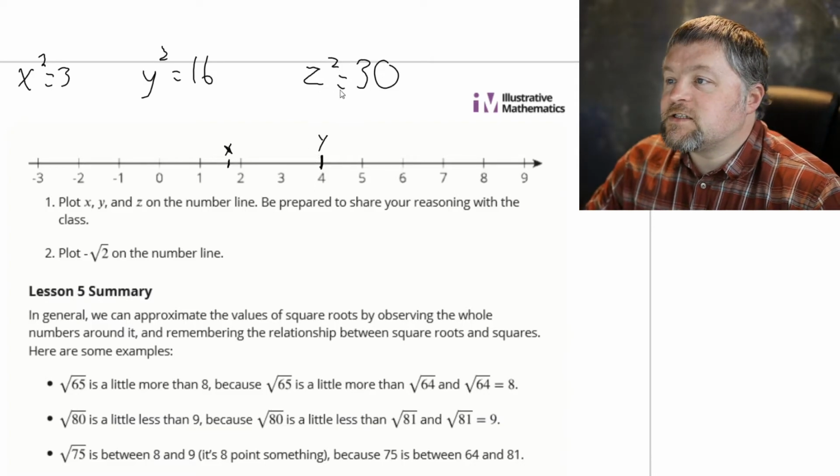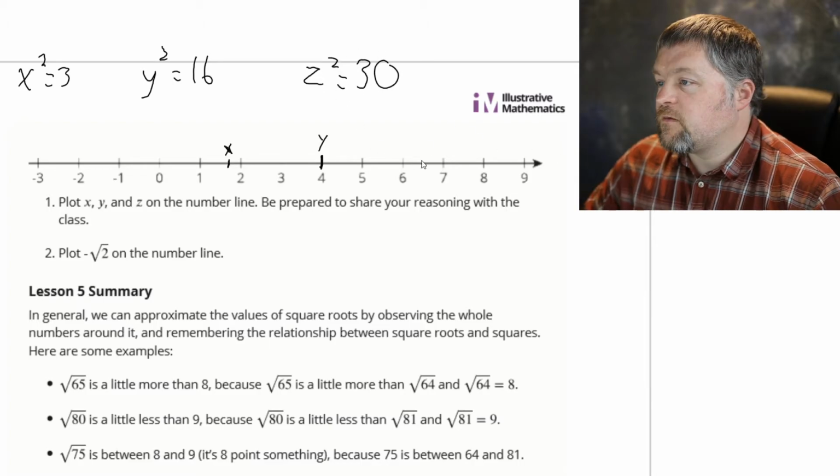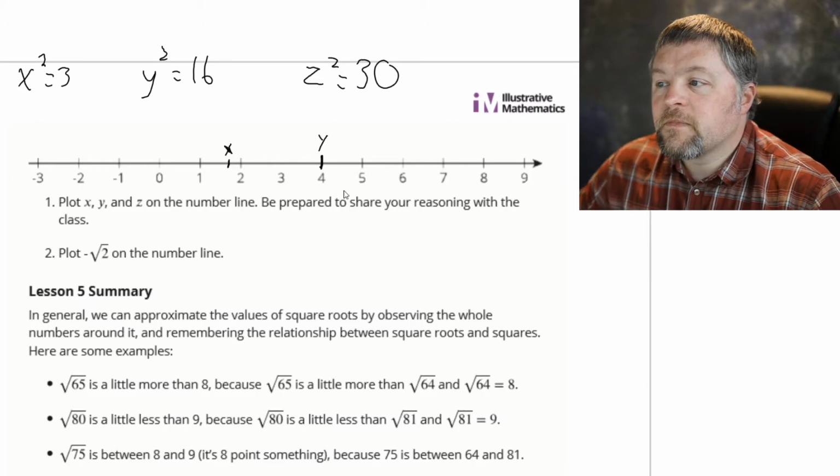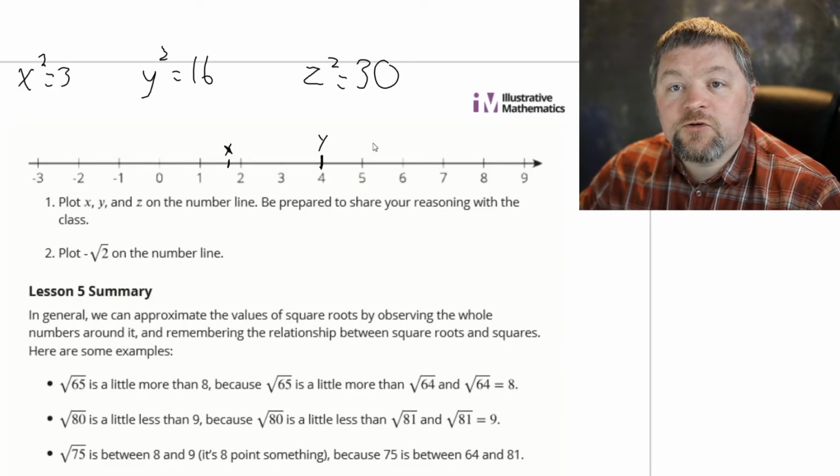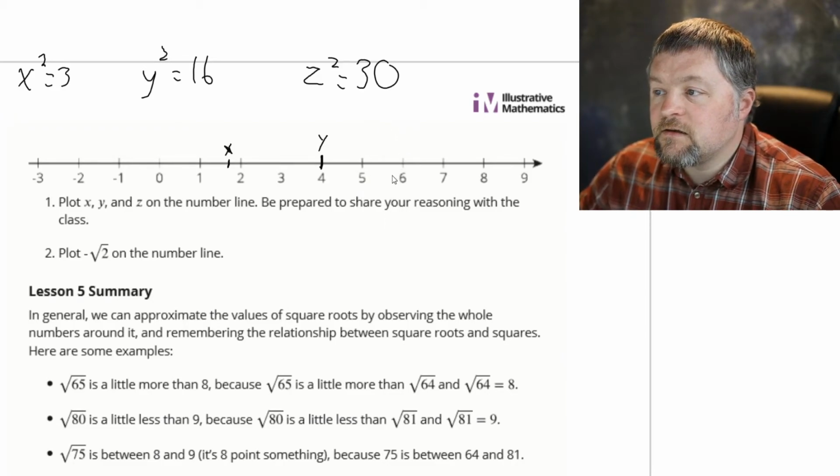Now z squared is 30. Where's that going to fall? Well, 5 squared is 25. 6 squared is 36, so it has to be between 5 and 6.